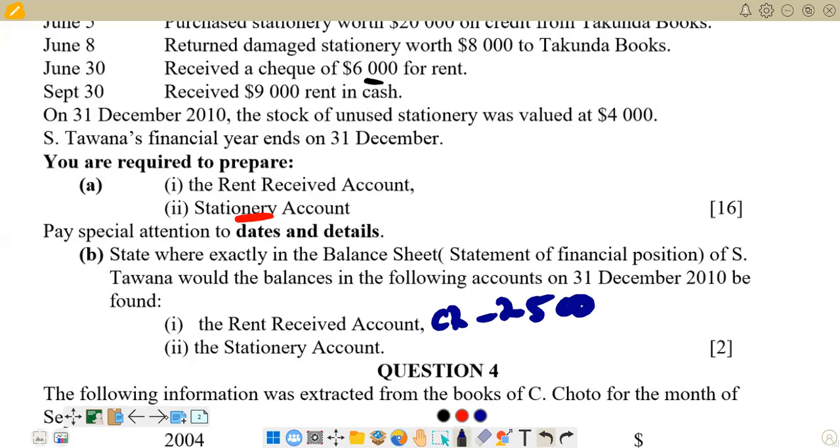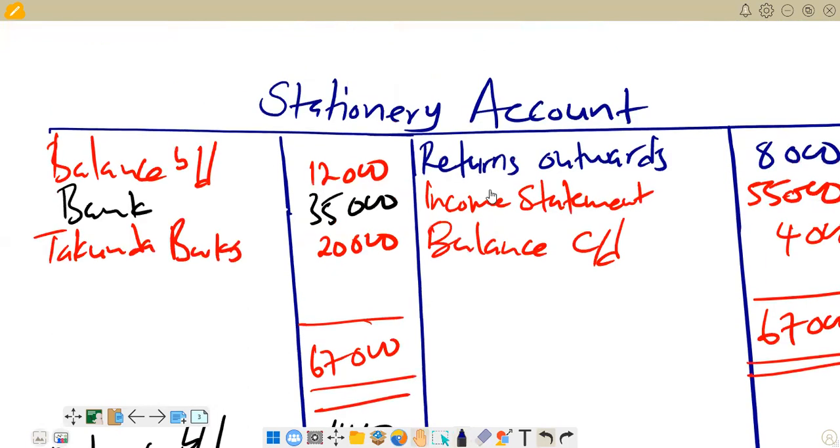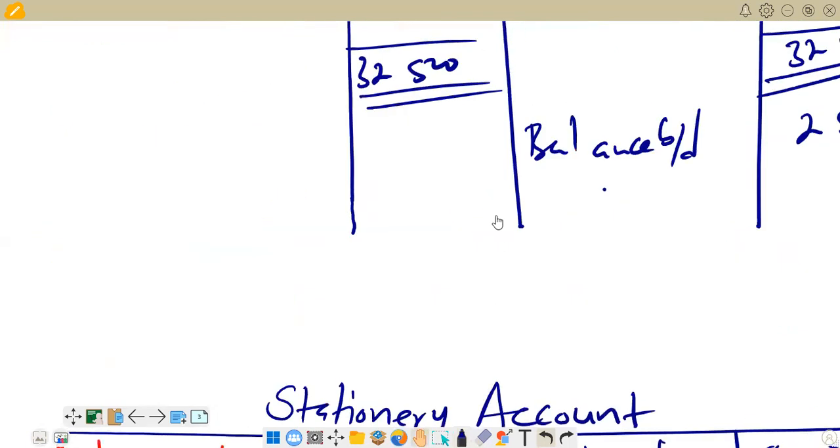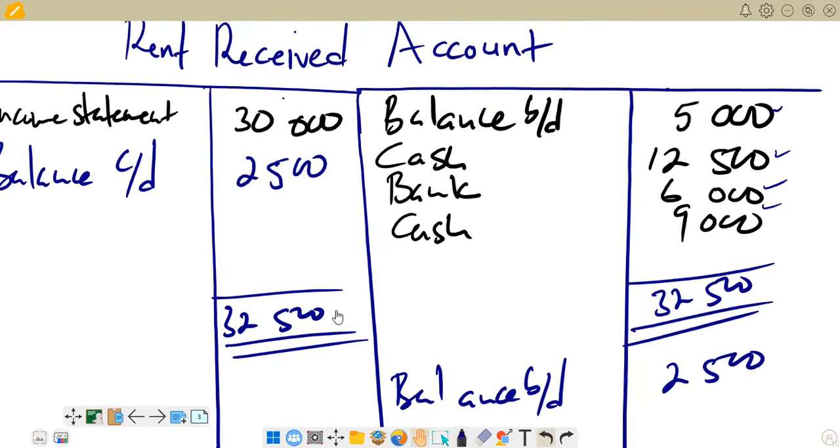If you go back to the rent received account, you'll see that our balance BD on the rent received account is on the credit side. That's where we have our balance BD.